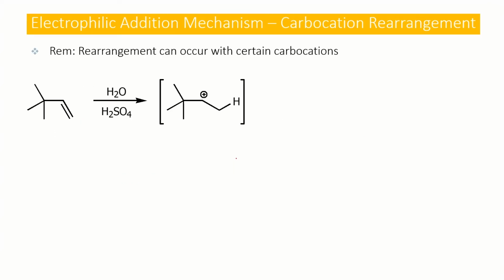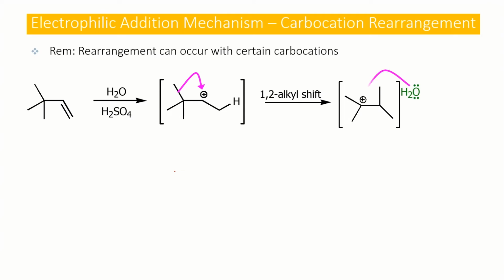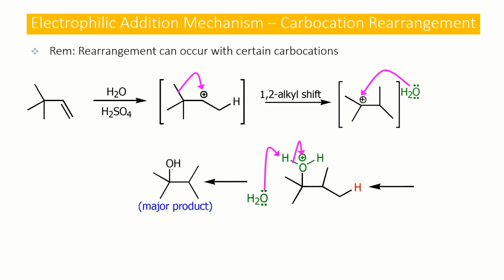However, something like this, where we generate this secondary carbocation, can shift. So now we have this alkyl shift to generate a tertiary carbocation, which can then be attacked by water to give this alcohol.